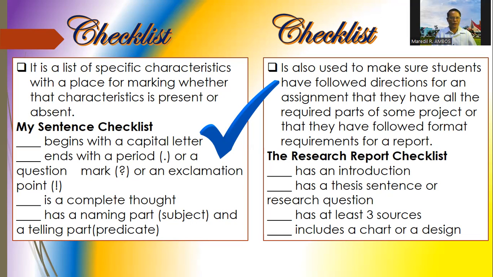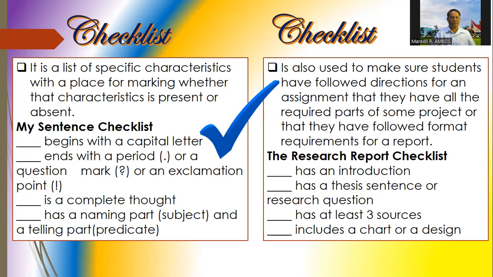It ends with a period, question mark, or exclamation point. Kindly check if your sentence ends with these three. Another is a complete thought, and it has a naming part, the subject, and a telling part, the predicate.